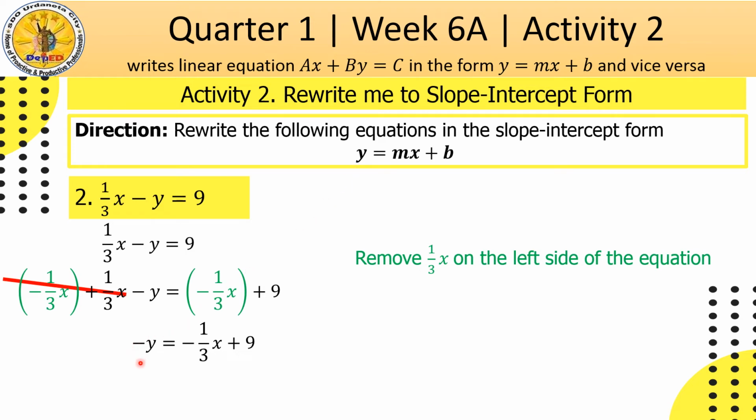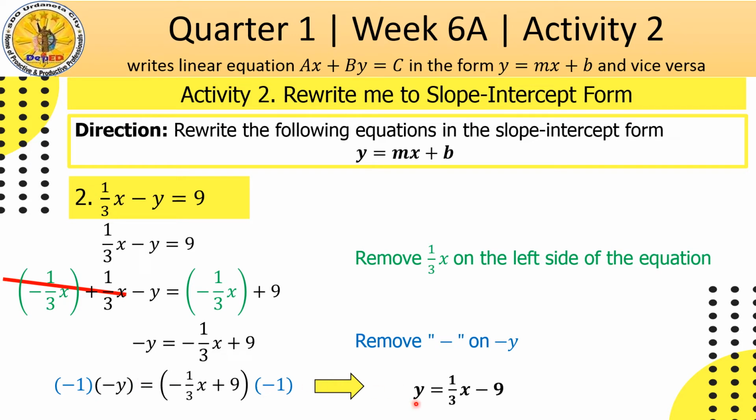So, paano natin gagawing positive itong y dito? Okay? We need to make it positive. As simple as we're going to multiply negative 1 on both sides of the equation. Because we know that negative times negative is positive. So, negative 1 times negative y is positive y.